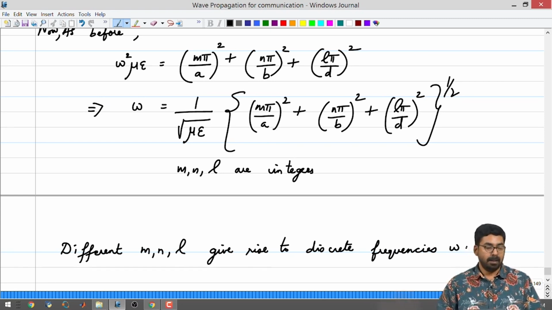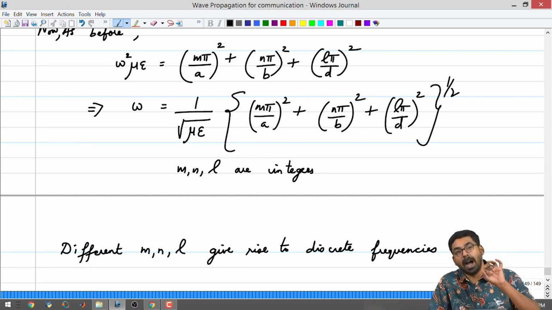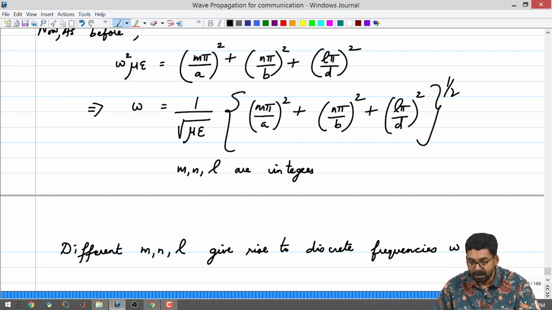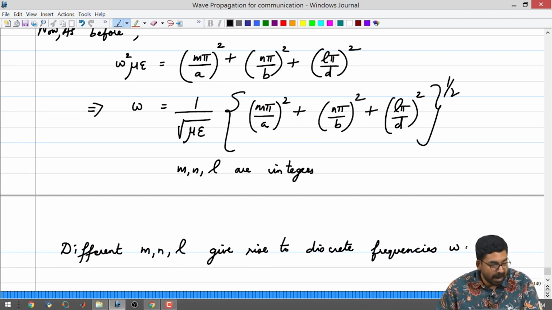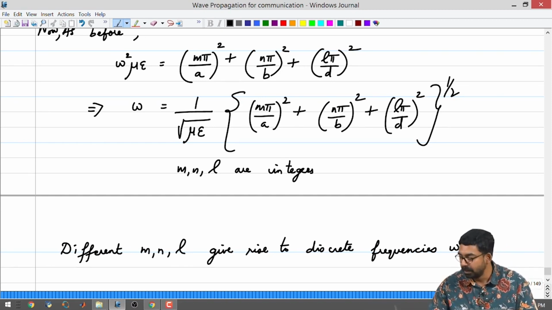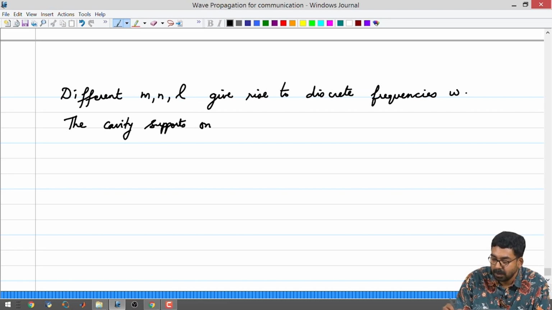omega, all right. Previously we had an inequality, that is we had something like the input frequency has to be higher than the cutoff frequency, right. But in this particular case what we are noticing is that different M and L values will give rise to specific frequencies that are supported by these structures, and we have to make a note that the structure which is the cavity, right, supports only these discrete frequencies.